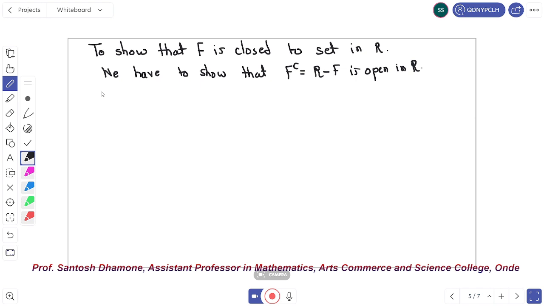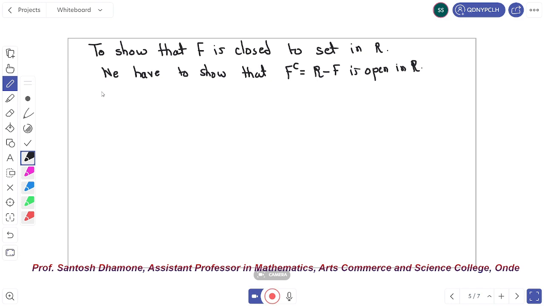The open ball about p with radius r is equal to the open interval p minus r to p plus r.